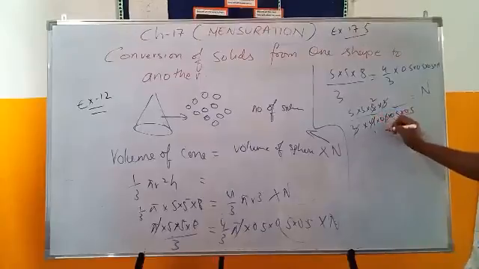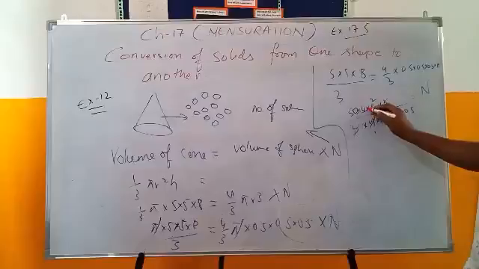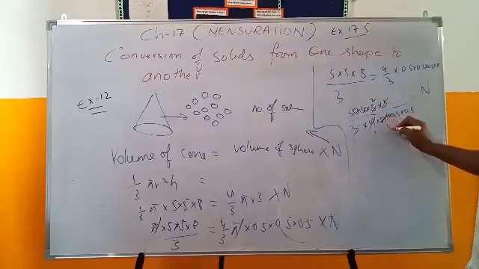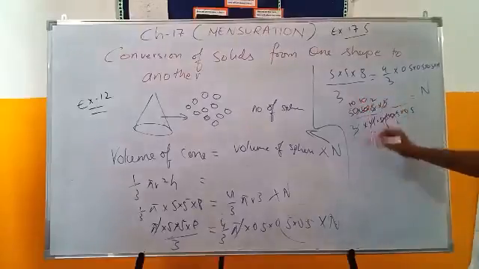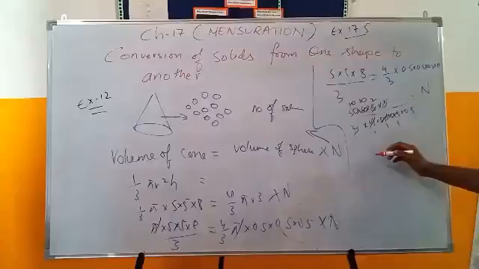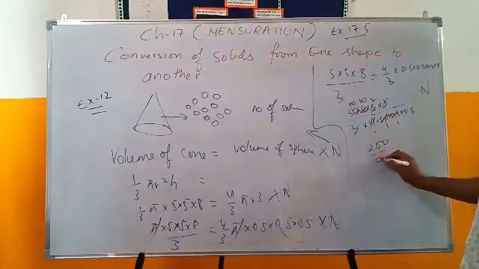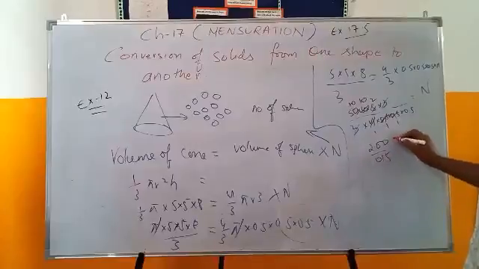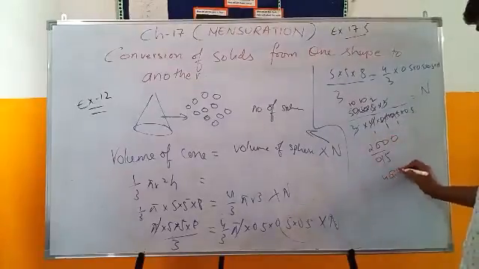If I remove the point from 0.5, it becomes 5, so 5 ones are 5, 5 tens are 50. What is left? Only 0.5 down here. So this is going to be 1600 over 0.5, and if I remove this point, it's going to become one more 0, and we get 400.